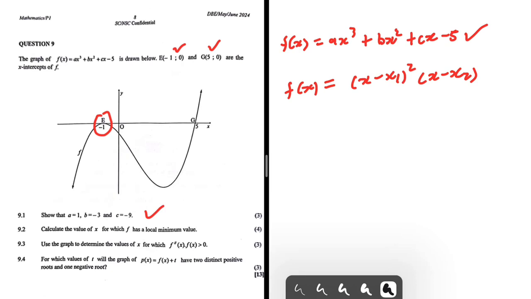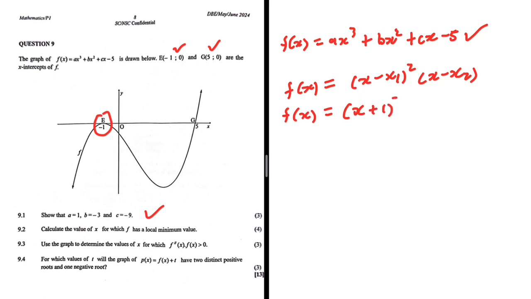But when you have an x-intercept that also serves as a turning point, then that intercept, you will use it as (x minus x1) and then you square it, if and only if it also serves as a turning point. So by saying that, we're going to have f of x being equal to (x minus minus 1), so that is (x plus 1), squared, multiplied by (x minus 5), the other x-intercept.